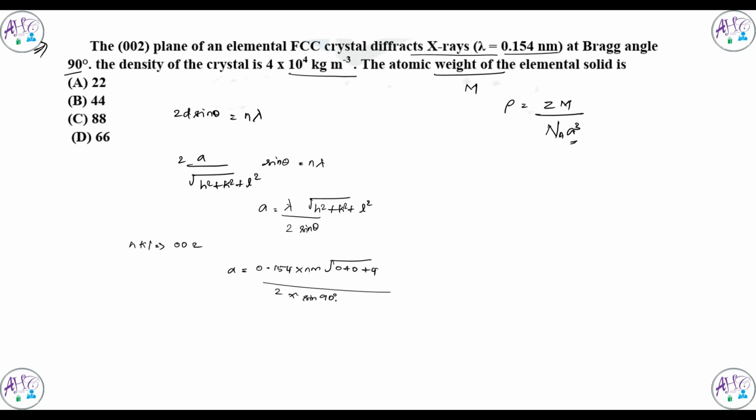So sin 90 degree is equal to 1. So if you solve, your A is 0.154 nanometer into 2 divided by 2 into 1, so 2 and 2 will be cancelled. Your A value is going to be equal to 0.154 nanometer. Okay?